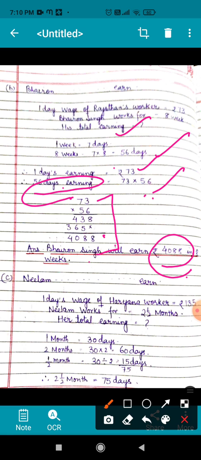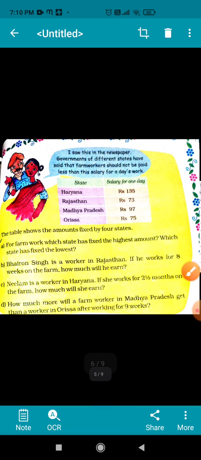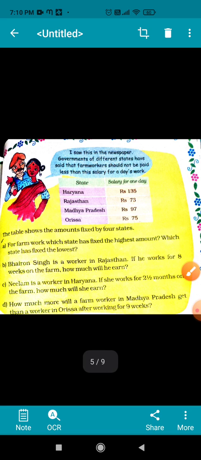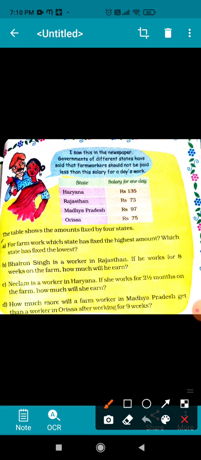Okay, now let us see the third question. Neelam is a worker in Haryana. Here you can see Haryana's 1 day salary is rupees 135 and she works for 2.5 months.